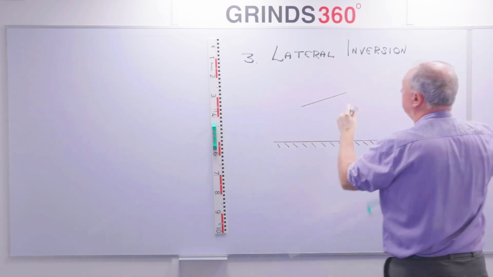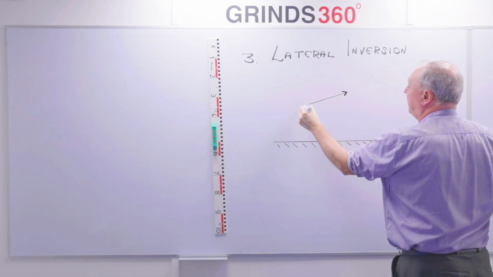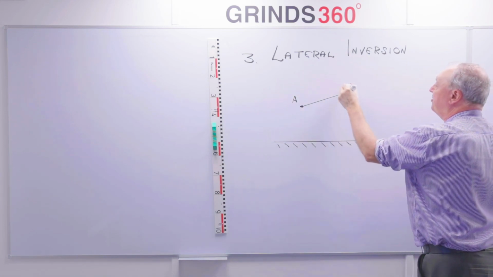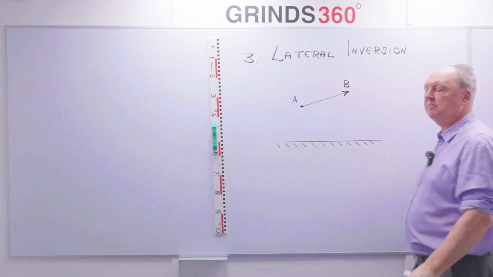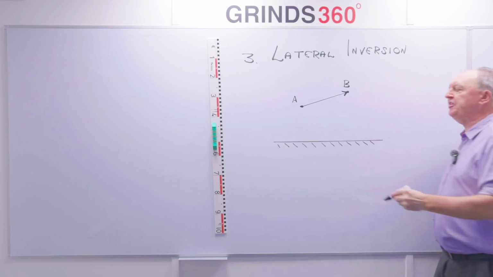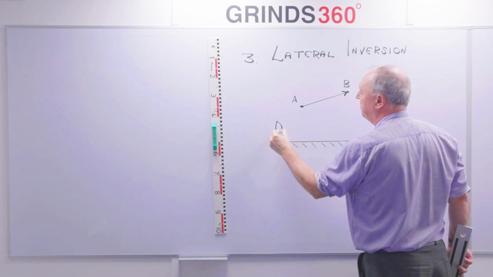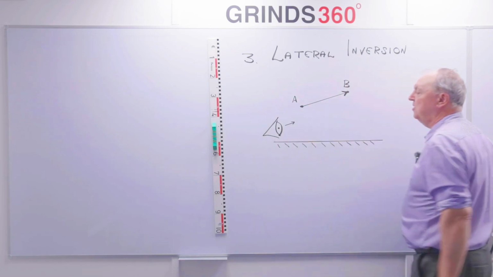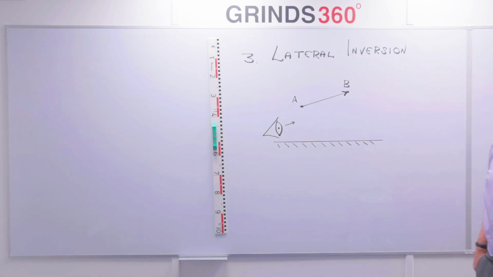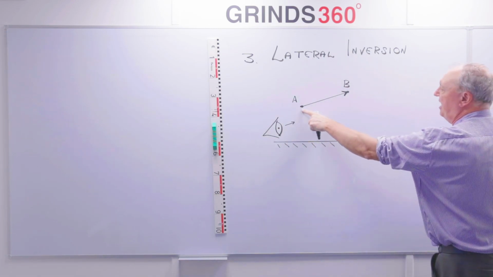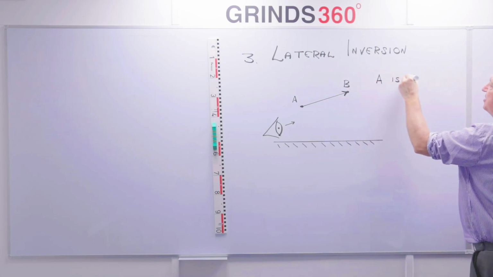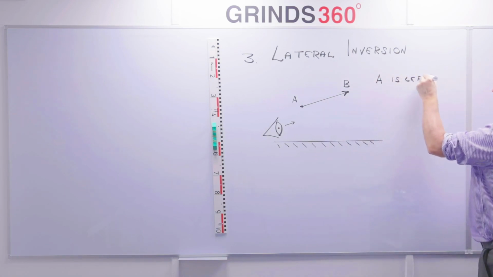I'll say that point A is on the left and point B is on the right. Let's say you look at this arrow. Here's my eye, and I'm looking at that arrow. Well, when I look at that arrow, I can see that A is to the left of B.